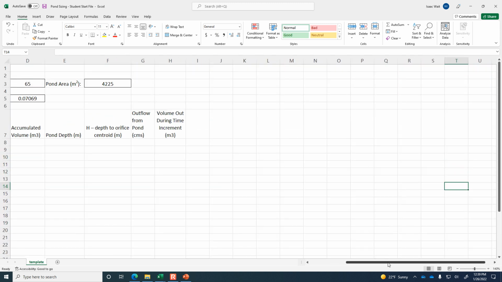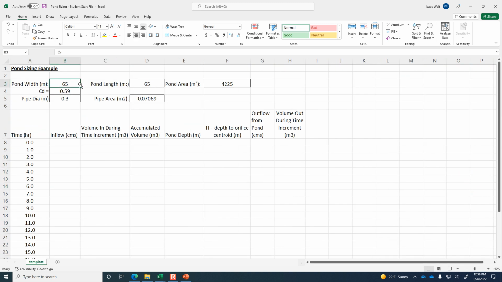Oh, I meant to erase these preliminary things. So 65 meters by 65 meters, you've got that, right? And so the pond area is calculated just by the length times width. We're assuming that this pond is rectangular, and so as the water level gets deeper, its length and width stay the same, just for simplicity of calculations.